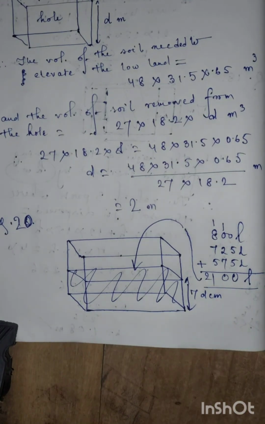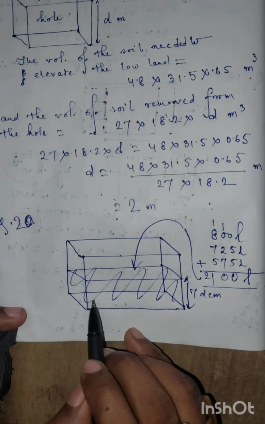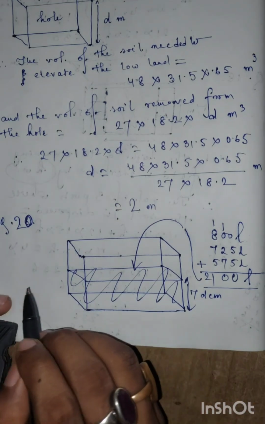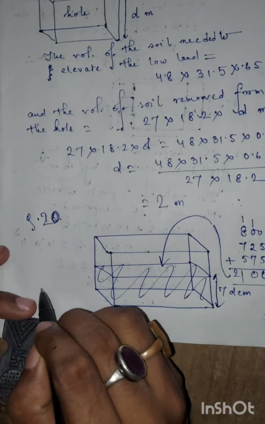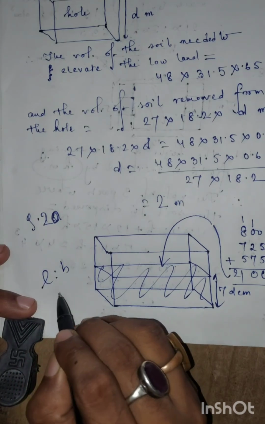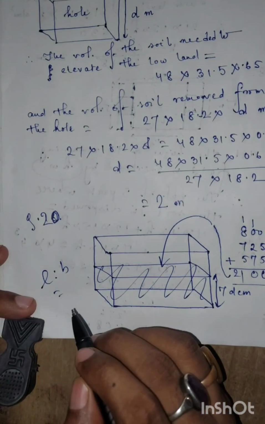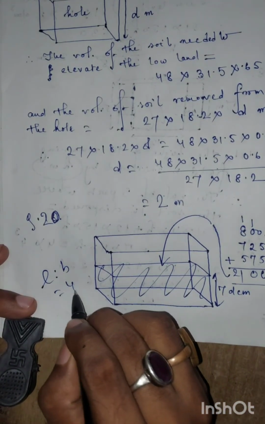Now the length and breadth we do not know. So let us assume. It is given that the ratio of length and breadth of this container is 4:3.